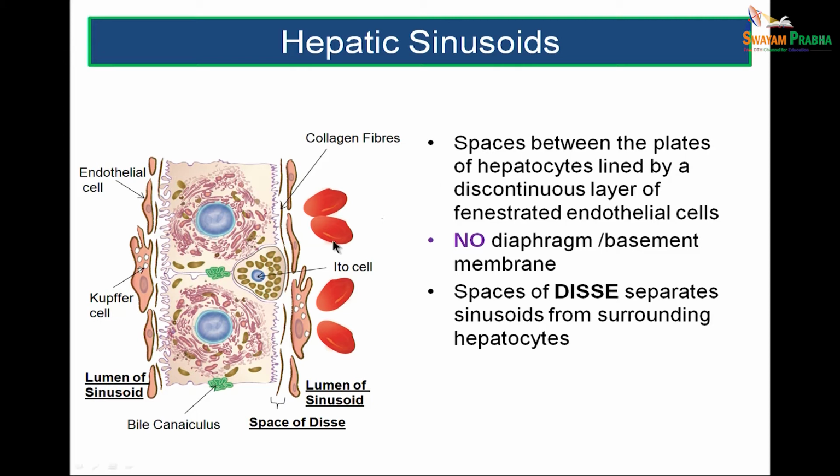So, there is high permeability, and exchanges between the hepatocyte and the blood flowing in the sinusoid can take place easier. Space of Disse, we said, is what we see here, the space between the endothelium and the sinusoidal surface of the hepatocyte. There are collagen fibers running in that space that support the hepatocytes in position.